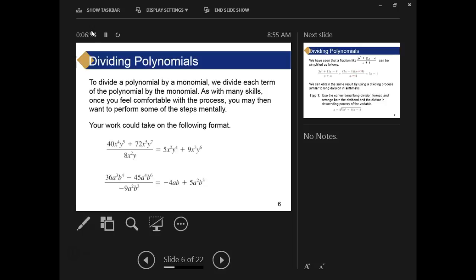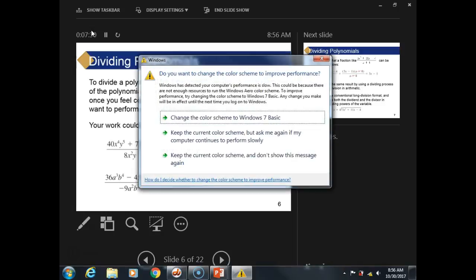As with any skills, once you feel comfortable with the process, you may then want to perform some of the steps mentally, which I think you can do here. What would you do? Okay, yeah, skip that step and go straight to this divided by that. 5x squared y to the fourth plus 72 divided by 8.